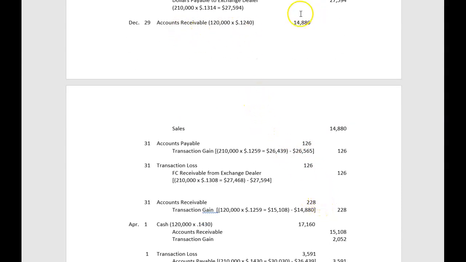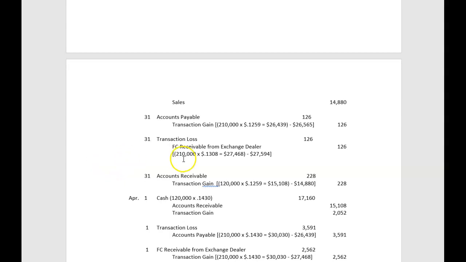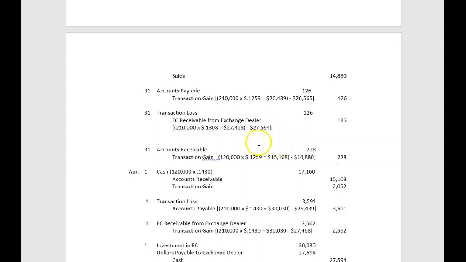Okay, so we're talking about this receivable here versus what it would be in US dollars by the time we got to 2 days later at the end of the calendar year. Right, then we go into the next year, okay, and these transaction gains and losses would be reflected in the income statement, and then we'd use the receivable and payable numbers we had at year end going forward.